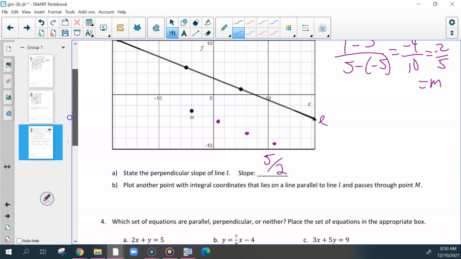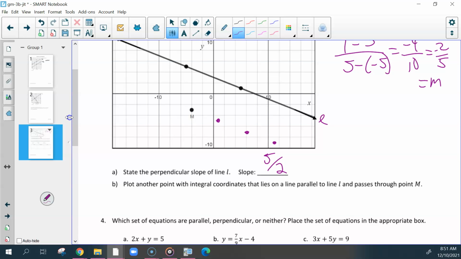You can go the other way. Negative 9, negative 1 would be a point. Negative 14, 1 would be a point. Then any of those. So you would have to know your slope and find another one.